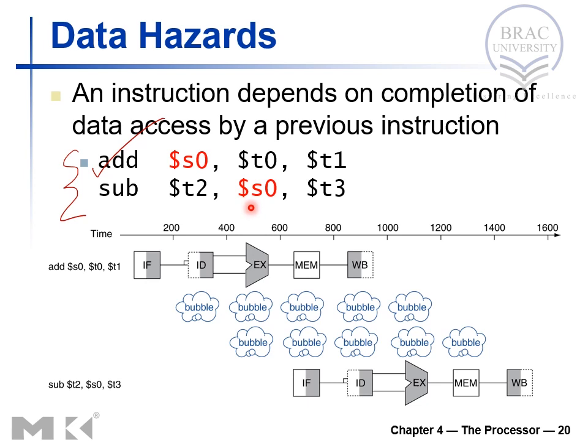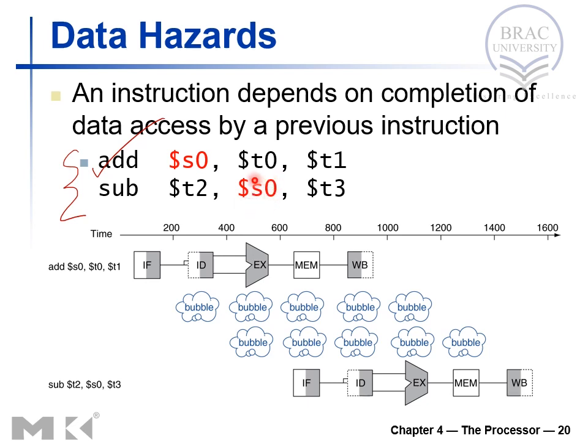Now, when can this S0 get updated? S0 gets updated during the write back stage. Once the write back is performed, only then S0 gets updated. But when does sub need the value of S0? It needs the value of S0 during the decode phase, because during the decode phase the system identifies the source and destination registers and performs a read operation on the source register.